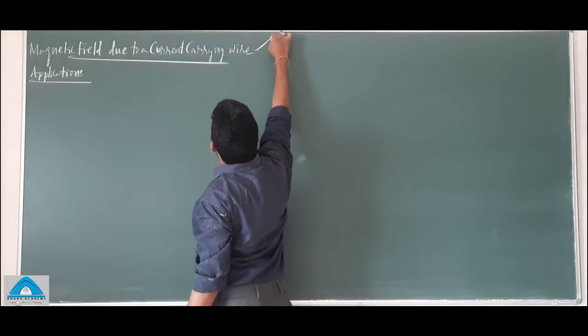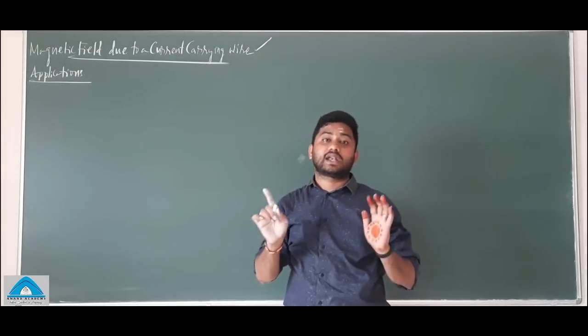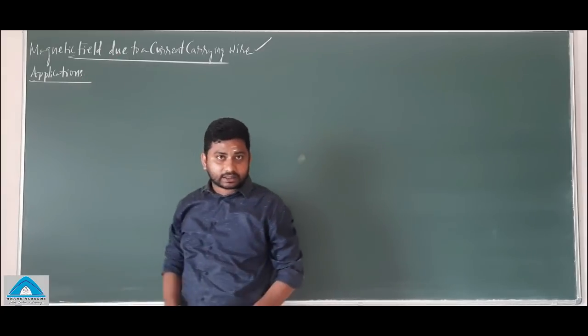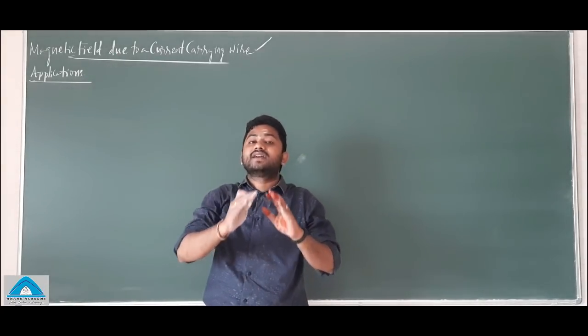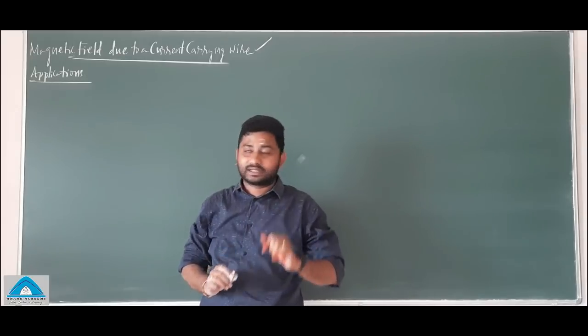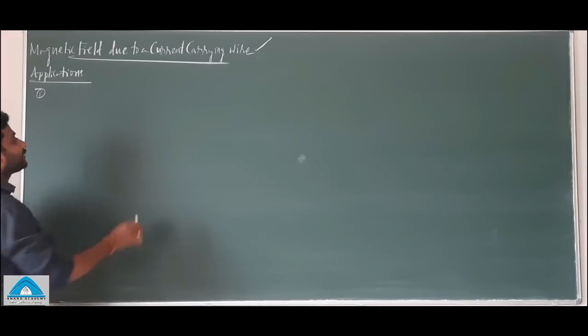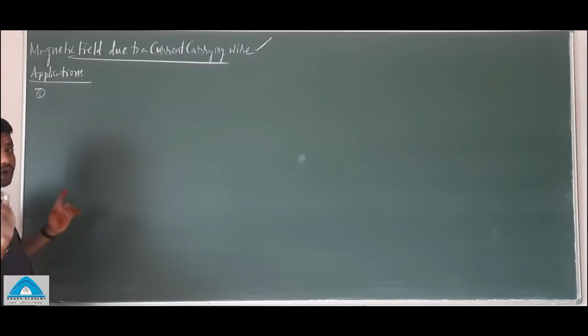This is the application of the Biot-Savart law. These are the applications of this topic. Okay, you should have this clarity here. Right, let's start. Before moving to the first application, I just wanted to draw the basic diagram we had drawn already.